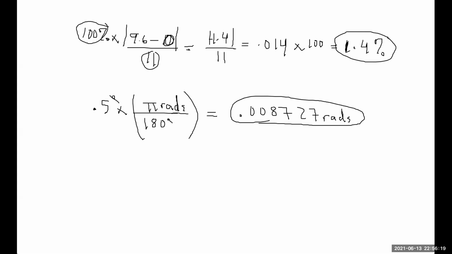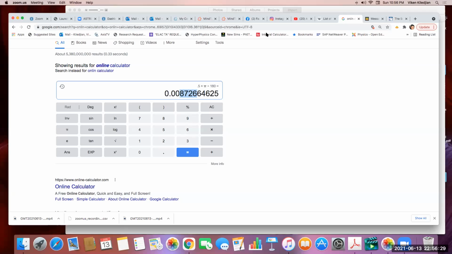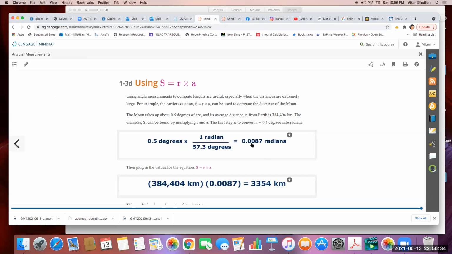Okay, so then let's go back to the lab, the example that they did. You see here how they have 0.0087. So it's 0.008727 radians.